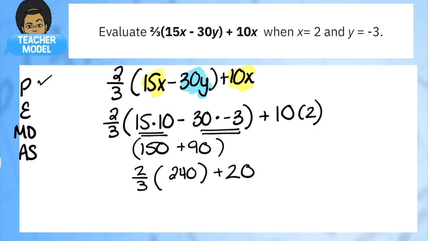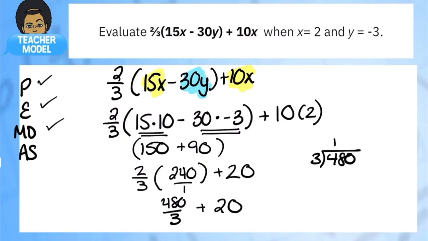Okay, now this is looking better. I don't have any exponents. We can multiply or divide. So 2/3 times 240, that's 480 over 3 plus 20. And I could probably get that 480 to look a lot easier. In fact, I know I can because I can divide this by 3.